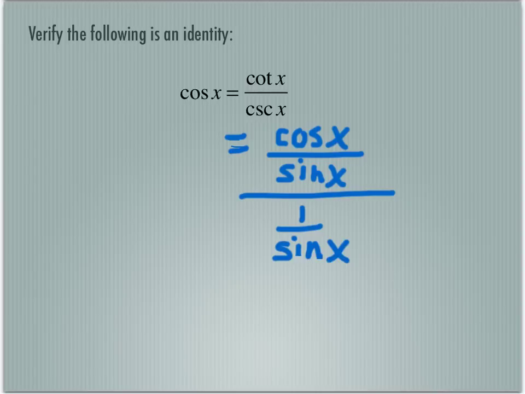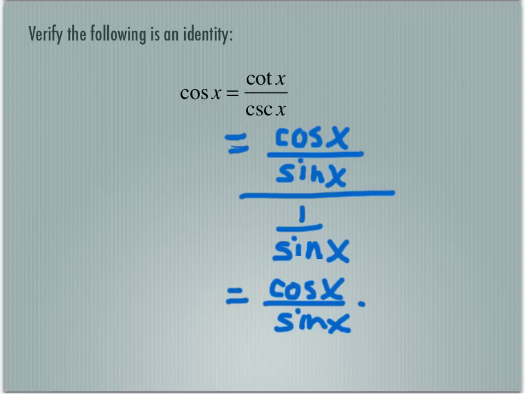Now that looks pretty messy, but a nice thing will happen here. Remember that when we divide fractions, it's like multiplying by the reciprocal. So it really becomes cosine over sine times the reciprocal of my denominator, which will be sine over 1. And sure enough, if we look what happens here, my sines will cancel out.